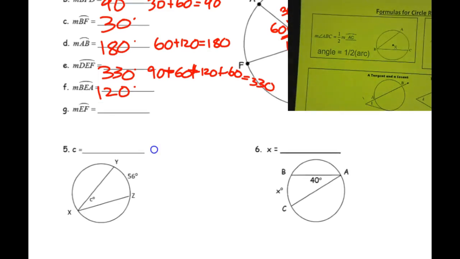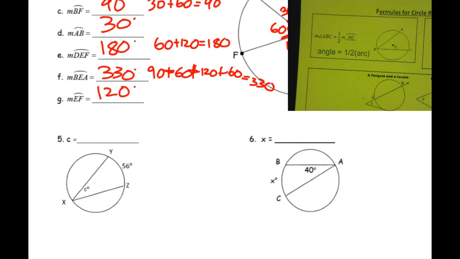Angle, which is C, equals 1/2, and then the arc is 56. So what's 1/2 of 56? 28. And that's it. 28 degrees.